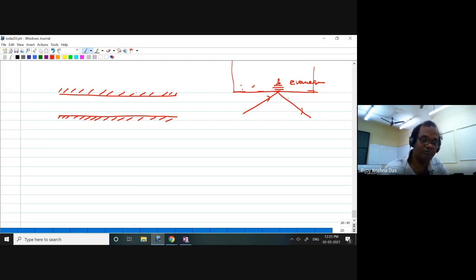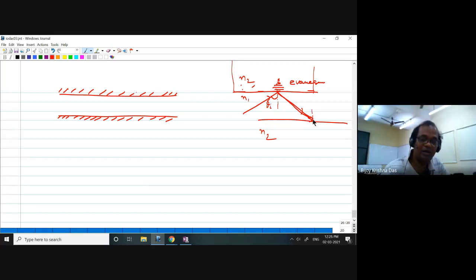So I am just using total internal reflection for light to be reflected without any loss. If you have another dielectric, for example, this is N1, this is N2. When the light comes back and hits the other N2 material here, the same thing happens, total internal reflection for a certain angle.